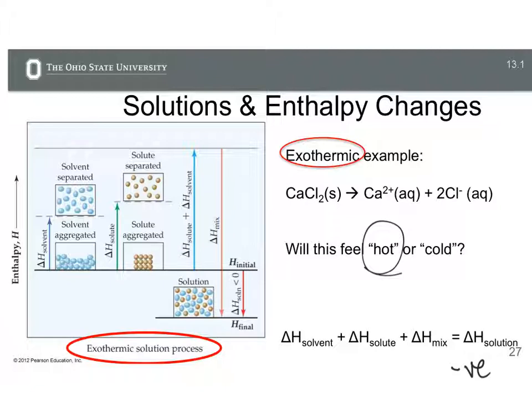So we've got our positive delta H for our solvent, positive delta H for your solute, and a negative delta H for mixing. And that negative delta H for mixing is quite large, and it allows for the exothermic process. But that's not always the case. We don't always have exothermic when it comes to the overall energy of solution when we form a solution.